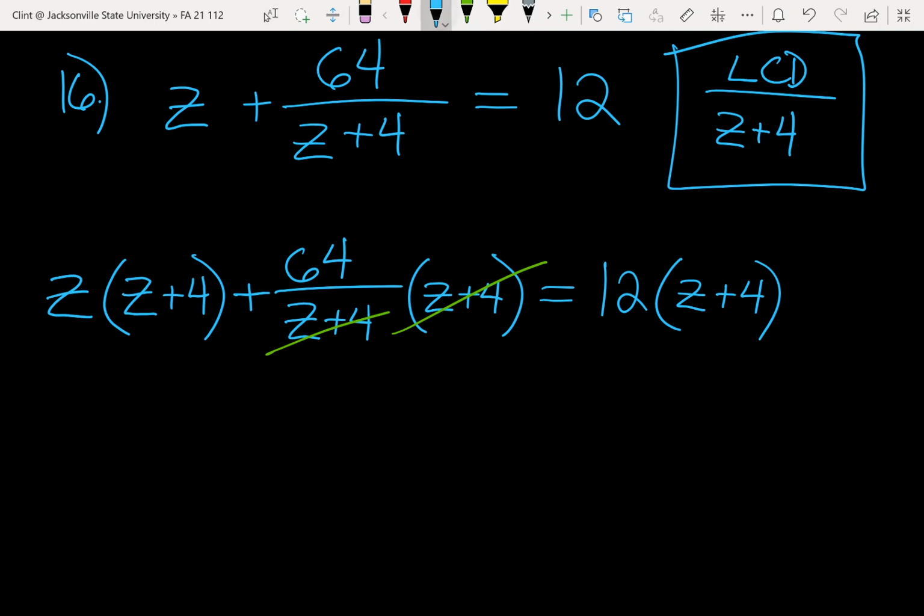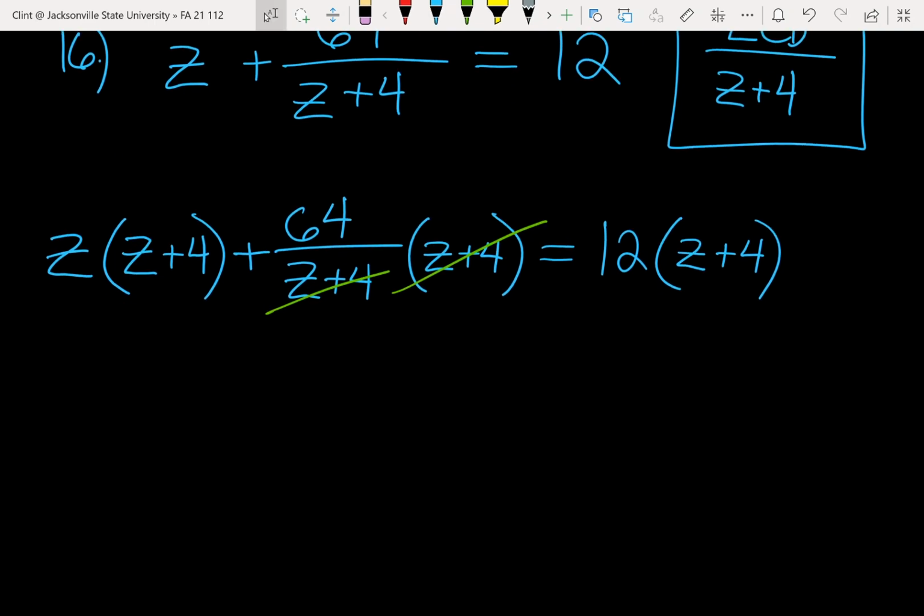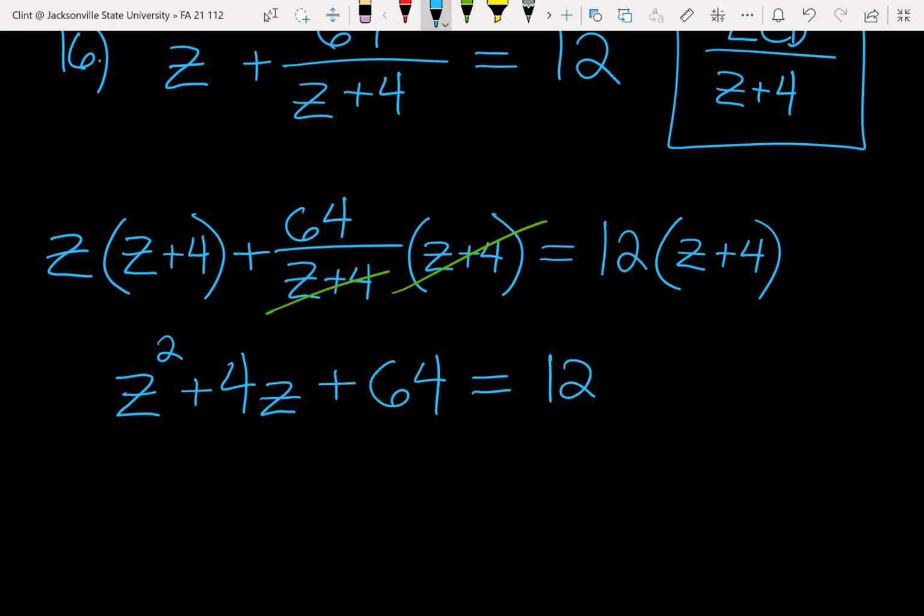So then with that first term, we've got distributive property to do. z times z, z squared. z times 4 is 4z. And then the second term, we're left with just 64. On the right side, we've got distributive property, so it's 12z plus 48.